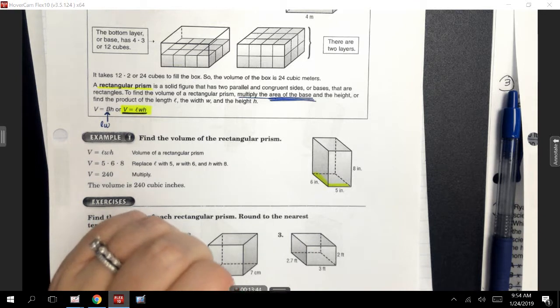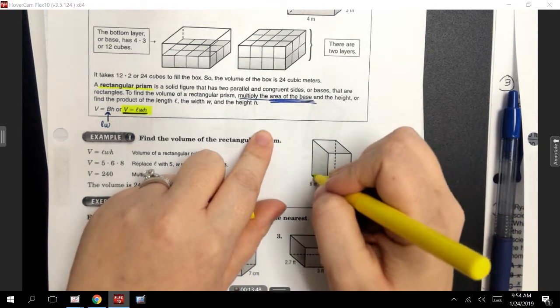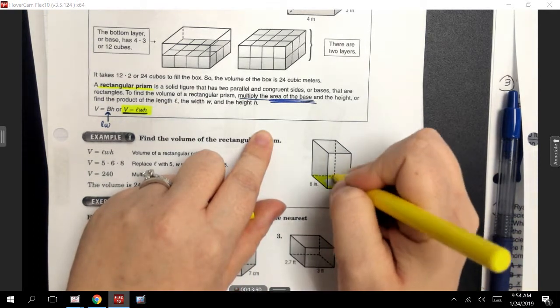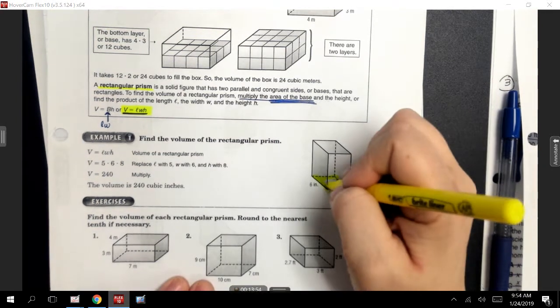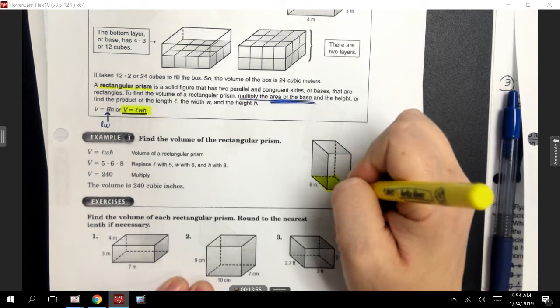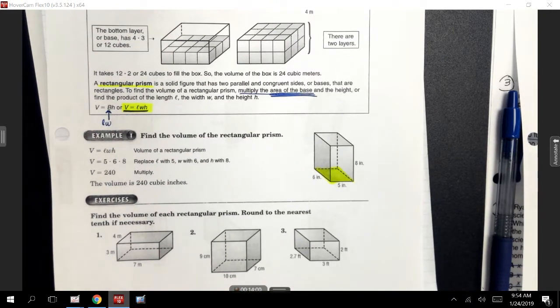Right, but which rectangle are they attached to, Savannah? The bottom rectangle. Do y'all see how if I go around that, that's going to make that rectangle on the bottom? Is that better? Do y'all see that a little better now? All right? Or even better yet, I can just color in that whole bottom rectangle. Do y'all see how 5 and 6 are the bottom rectangle? Are we okay with that?